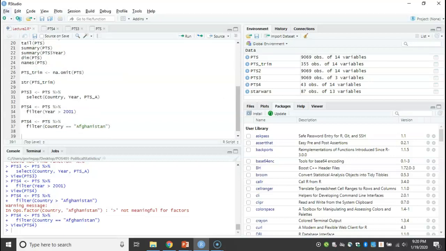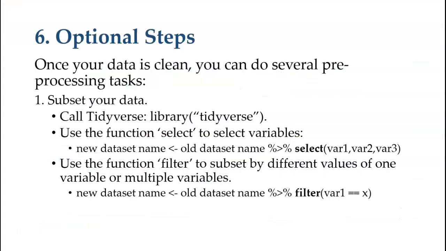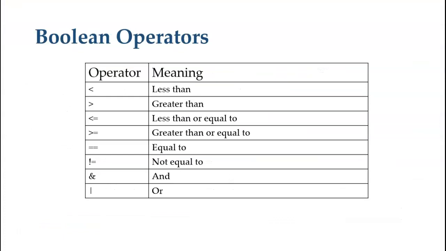So I need to tell you something else that is important. You can use Boolean operators to filter here, and I want to introduce those Boolean operators. So you have less than, greater than, less than or equal to, greater than or equal to.